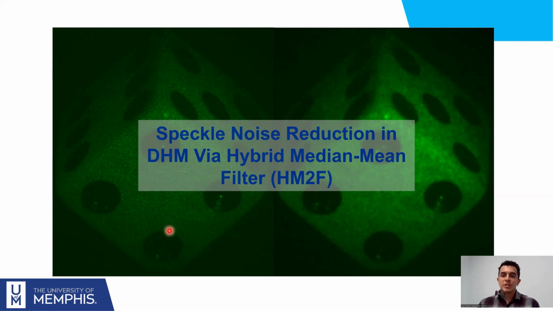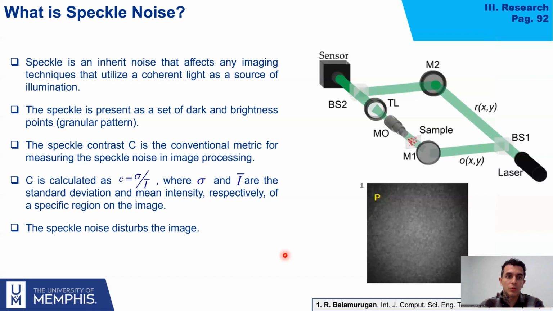This is result number 6, by the way, the last one. The research is about the hybrid median 2 filter, a new algorithm to reduce speckle noise. So, what is speckle noise? Speckle noise is a problem that affects all imaging techniques that use coherent illumination.